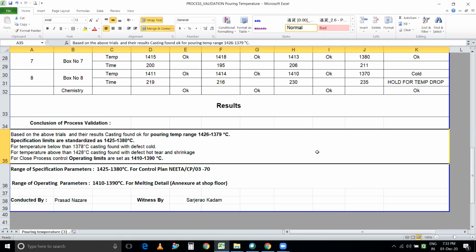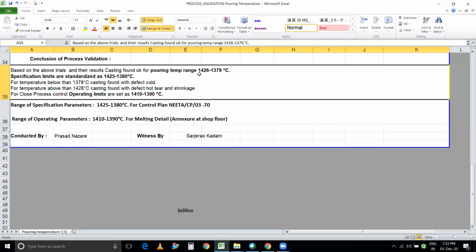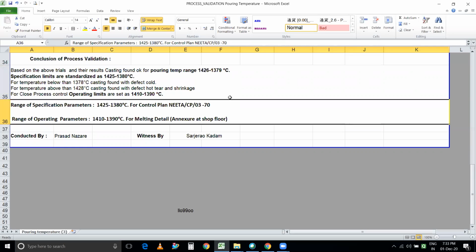So in case of any emergencies, if operating limits are violated due to any kind of emergency, the part should not get defective. Likewise, operating and specification limits are given, and these ranges are handed over to production.